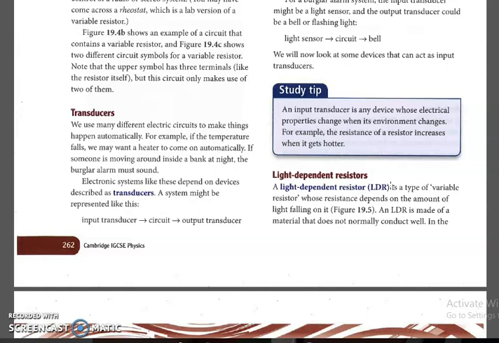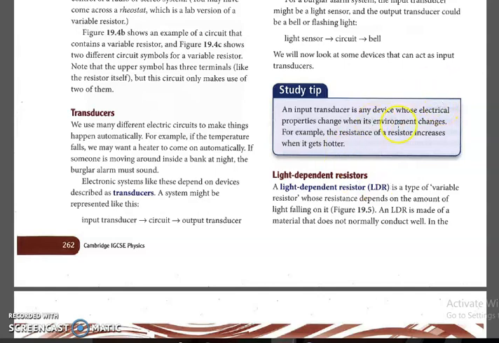Suppose in a particular room the light goes dim; the sensor will recognize that and send a signal to the circuit, and automatically the signal will be sent to the particular person, or an alarm will sound. This type of getting a signal from input and passing it to output is known as a transducer.